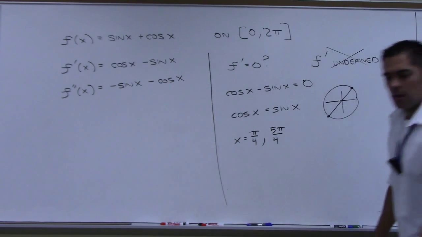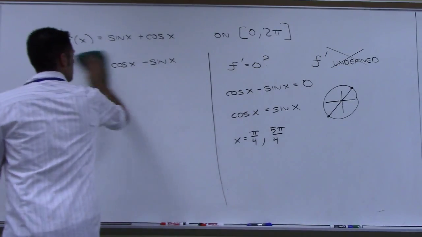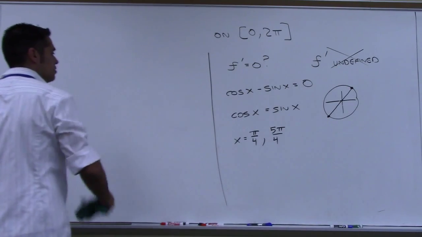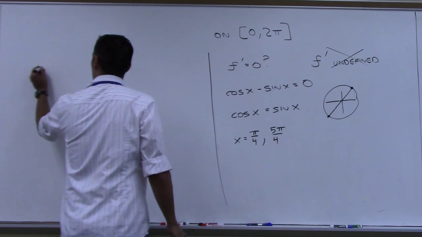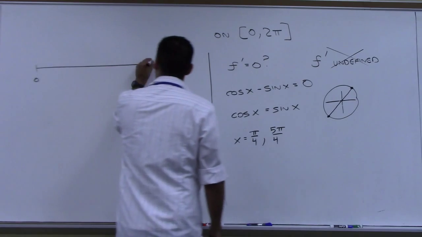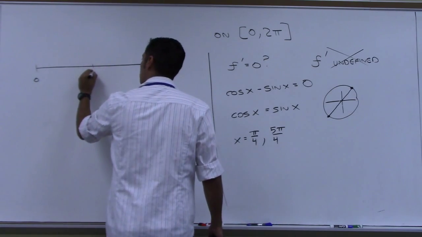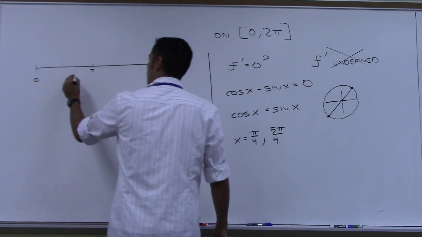Now what I'll do is draw a number line, remembering that I am only looking between 0 and 2 pi. I'm going to plot these on here.